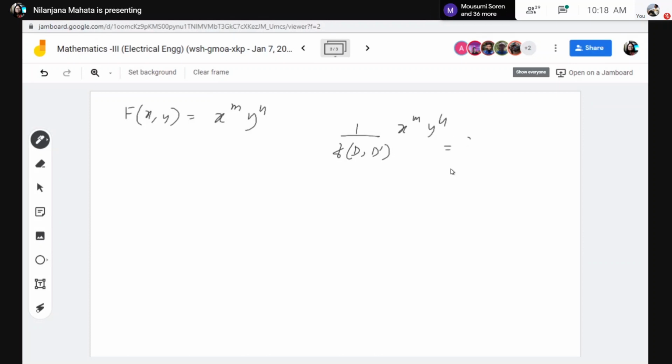We will expand in a series. You remember we have done this for only d. We have expressed it in terms of series and then we have operated this d on x and found out the value. So similarly, we will do here, right?